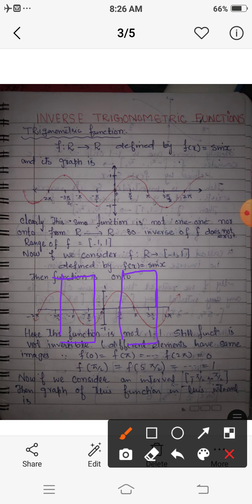In each and every interval of this type, whose length is simply pi, this function is an invertible function, and all these functions are simply called arcsine functions. So the arcsine function is simply the inverse of the sine function, whose domain is in the interval in which the given sine function is 1-1 and onto.